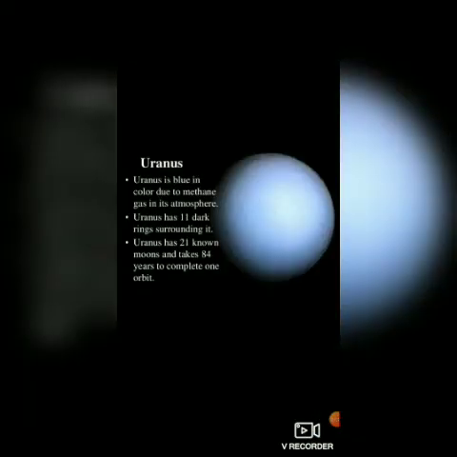Uranus. Uranus is blue in color due to methane gas in its atmosphere, and it has 11 dark rings surrounding it.